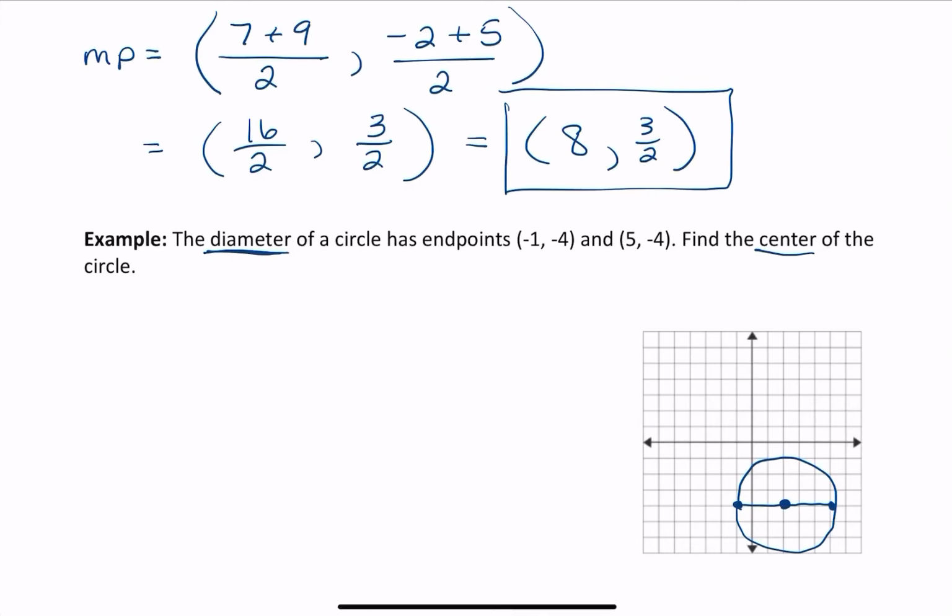Now this one's pretty easy. You can probably guess what the center's going to be, but let's do the midpoint formula anyway to find the center. We're going to have our x1, y1, x2, y2.